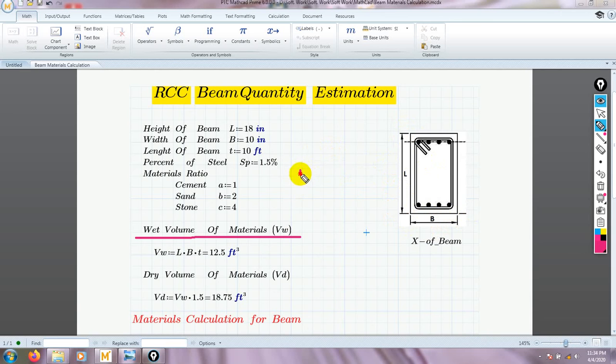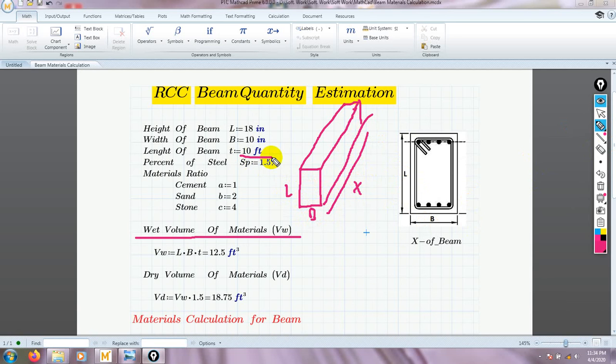Suppose we have a beam like that. This is the L, this is the B, and the total length will be T. We have considered that our T is 10 feet.